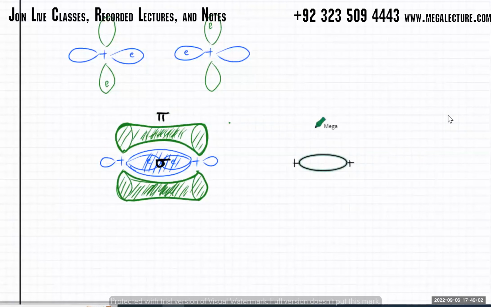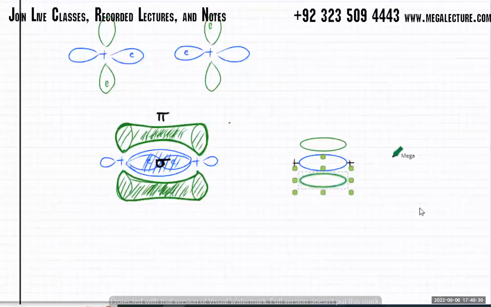That would be recognized as a sigma bond. You want to show pi bonds, all you have to do is draw. There's going to be electron density above, and there's going to be electron density below. That's your pi bond.